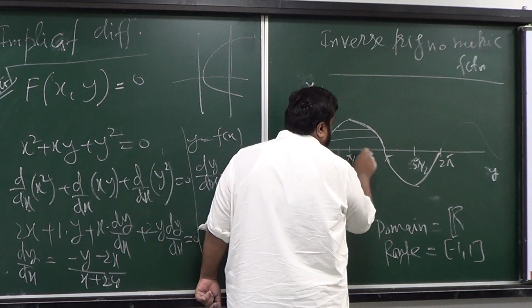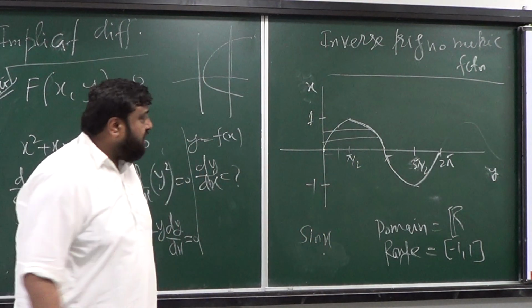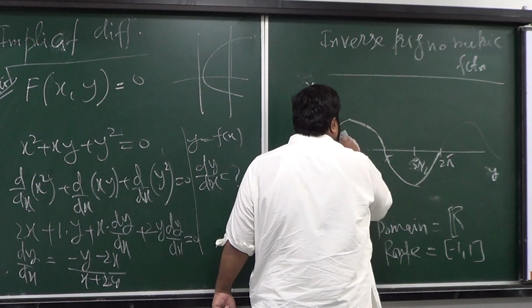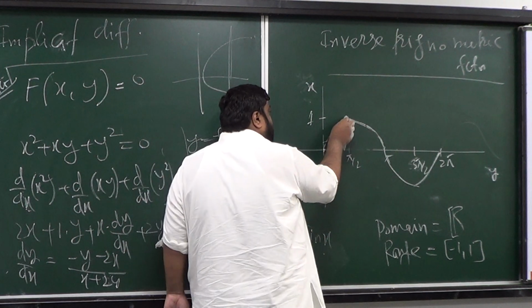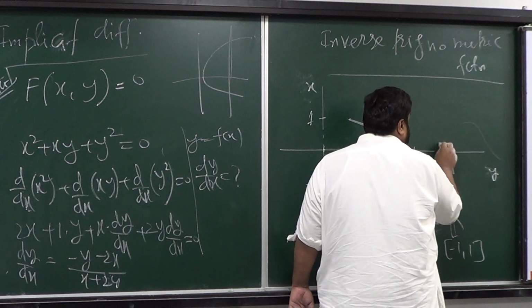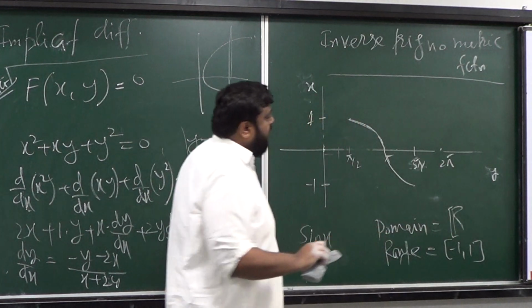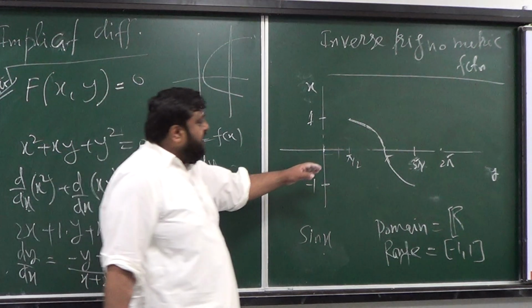No matter where you go, this is not really a function. It would be a function only if you get rid of the rest of this part, so you take away the controversial points.